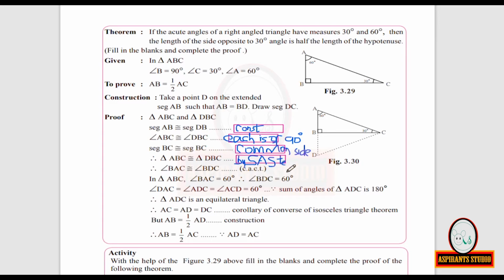Now if you go to see the remaining congruent parts, one angle is already taken up, so remaining two angles are left out. In that we want only angle BAC. So angle BAC is congruent to angle BDC, corresponding angles of congruent triangles. Angle ABC is congruent to angle DBC we have already proved.